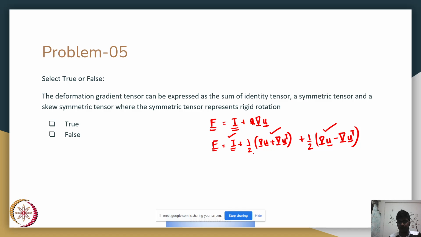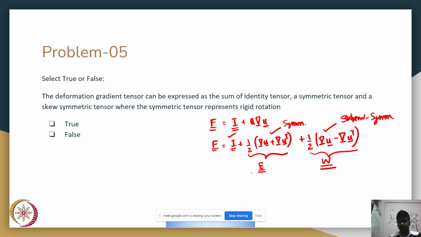So if you remember this, as we also discussed in the first problem, this refers to the strain tensor, whereas this represents rigid rotation. The given statement says that the symmetric tensor is the rigid rotation, which is obviously not true, right?